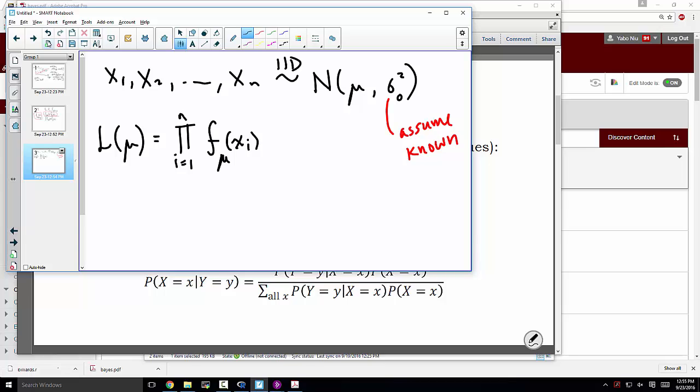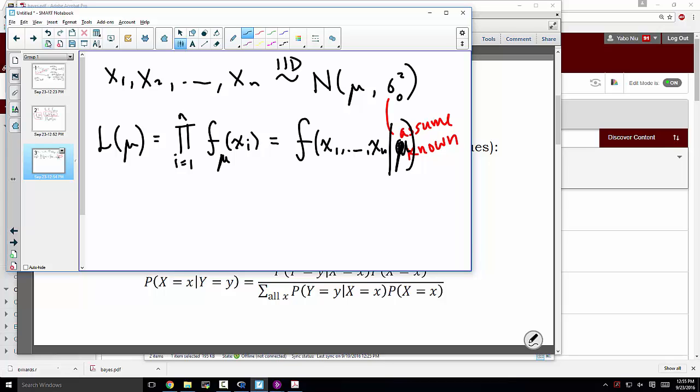We write this as if it's a function of mu, but we can also think of it like a joint probability of observing our data, x1 through xn, for a value of the parameter, mu. For a given value of mu, the likelihood is a joint probability function.